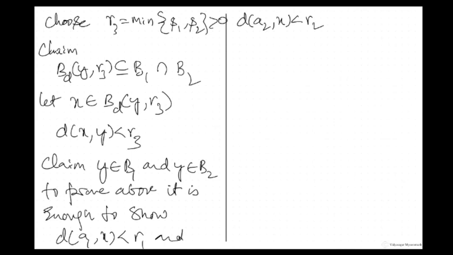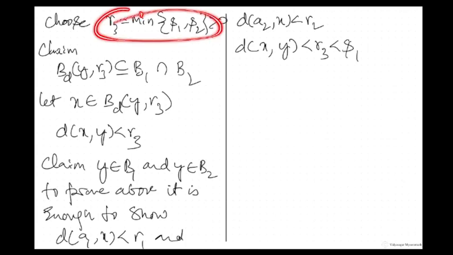Now let's see what is distance between x and y. It is less than r3, but r3 is less than or equal to s1. That is because r3 was chosen as the minimum of both s1 as well as s2.